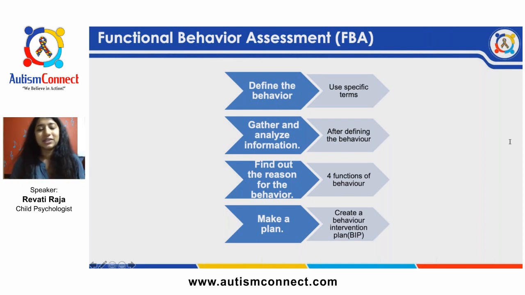DSM is the Diagnostic and Statistical Manual, which basically tells us all the disorders that are there in the world. In India, we have the ICD, but we also look at the DSM because that's what is used worldwide. But anyway, Asperger's at the moment is not separated in the world.